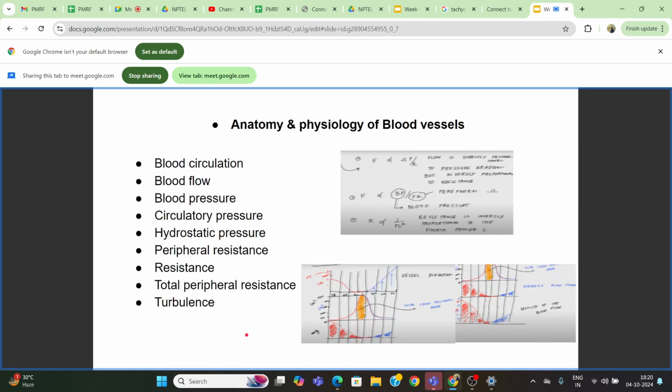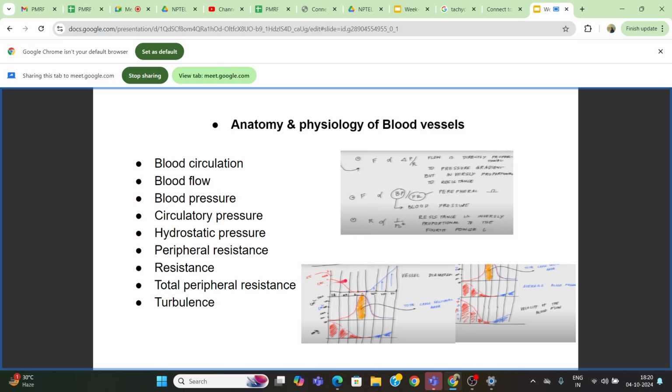Then in the final week, the sir explained with a very beautiful graph the difference in blood vessel diameter as you compare arterioles, venules, and vena cavas. This is the aorta, then the small arteries, arterioles, capillaries, venules, veins, then the vena cava.